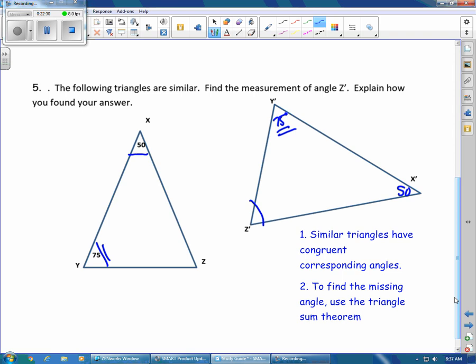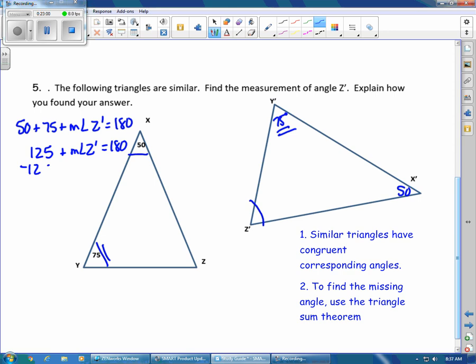So similar triangles have congruent corresponding angles. That's my first step of how I know. Second step, find the missing angle, use the triangle sum theorem. So I've got 50 plus 75 plus the measure of angle Z prime equals 180. 50 plus 75, again, use your calculator, would be 125 plus the measure of angle Z prime equals 180.